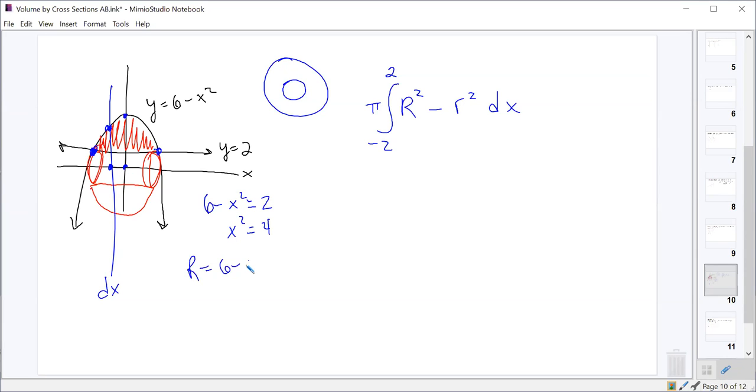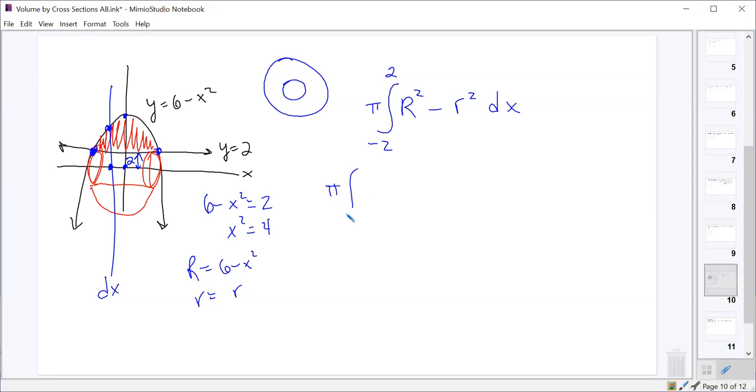So capital R is 6 minus x squared. And then little r, the inner radius, is the distance from the x-axis to the line y equals 2. That distance is always 2 units, no matter what.